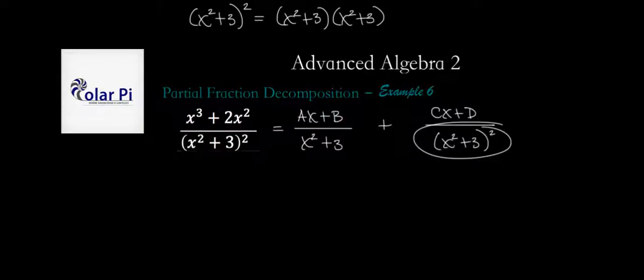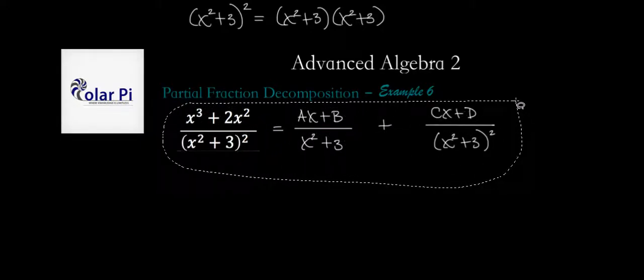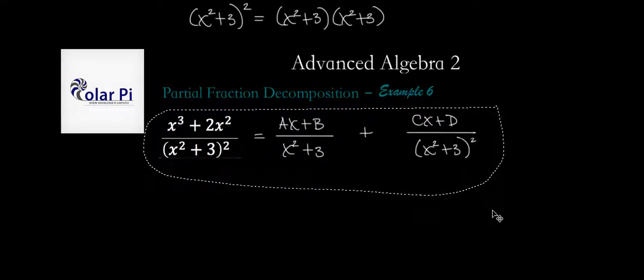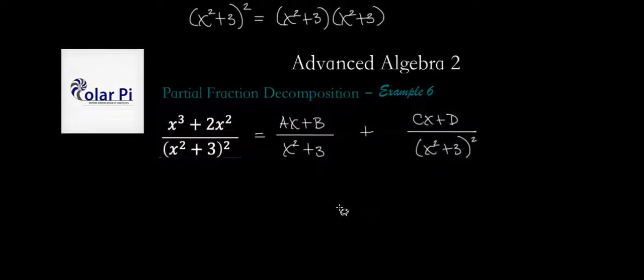Okay, cool. So if you watched example 5, you see that this is symmetric to the repeated linear denominator situation. But now what we have to do is get common denominators on the right side.